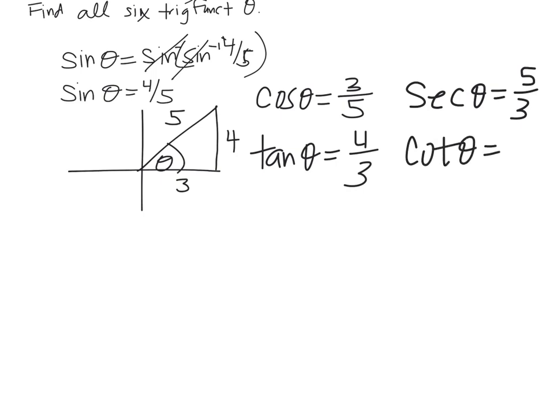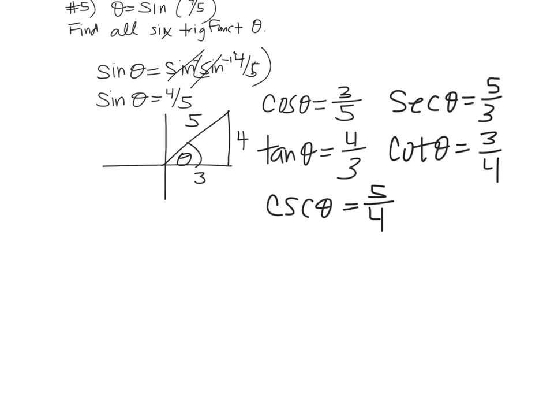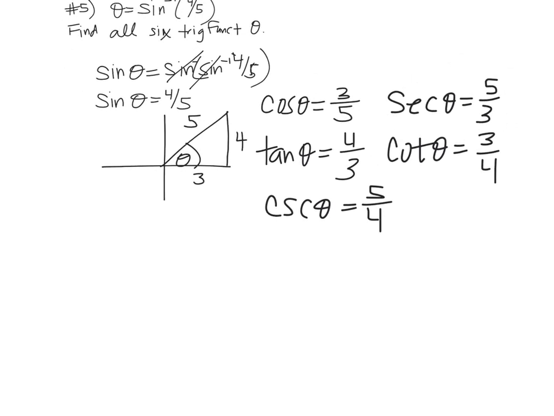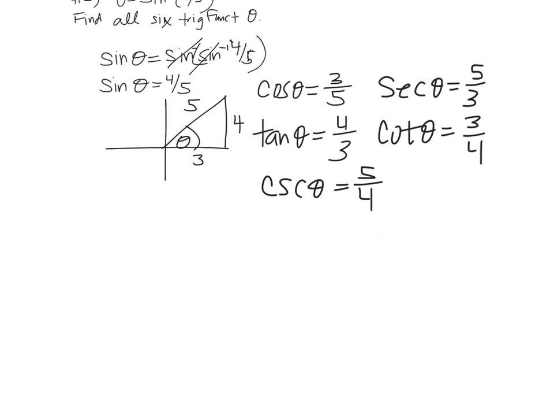Cotangent is 3/4. And then cosecant of theta is 5/4. Okay, I'm very confident in your skills. Just make sure that whatever the number is, if it's positive or negative, you're in the correct quadrant. And then there's one more.